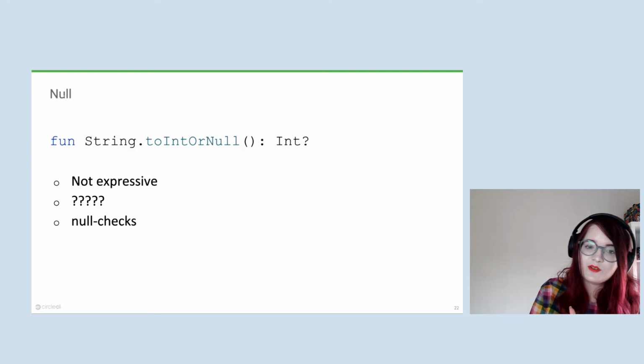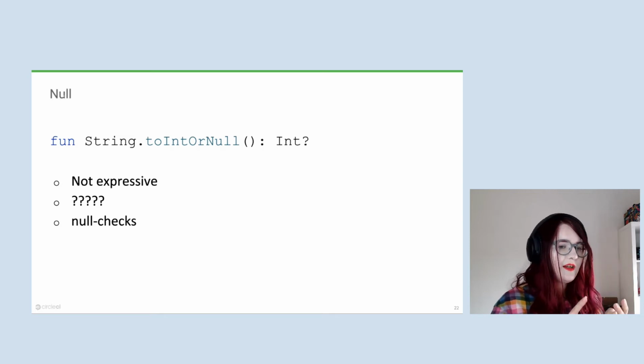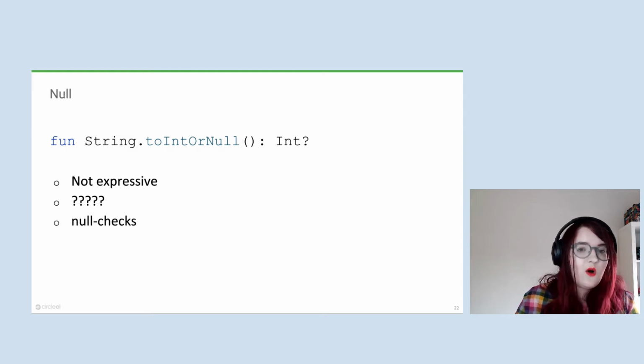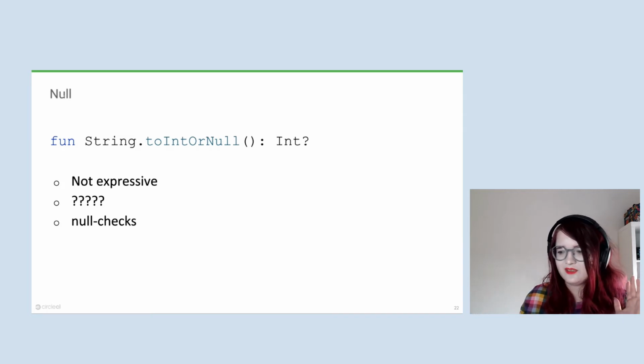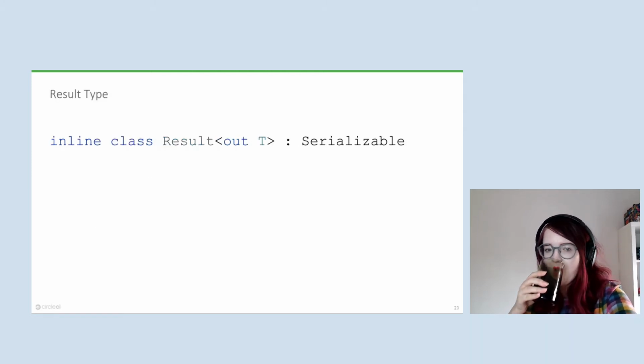For example, for string toIntOrNull, one may expect, for unhappy paths, that it might be not an integer, for example a long, or this was not a number at all, just some random characters, Unicode, whatever, and you only get null, and you cannot really say, okay, this null is for this, and this null is for that. It's not working like that. So for simple functions, this works, of course, but what are the other options?